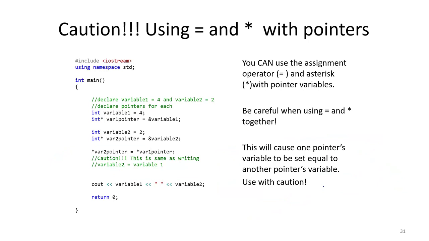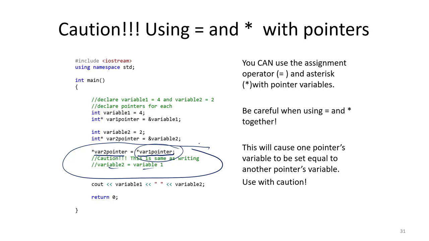This brings up a really important point. You need to be very careful when using the assignment operator and the asterisk with pointer variables. This can be an incredibly useful tool, but you've got to be careful because this will actually allow one pointer to change data. Writing asterisk variable 2 pointer equals asterisk variable 1 pointer is the same thing as setting our two variables equal to each other, because we made variable 2's data the same as what was stored where variable 1 points.